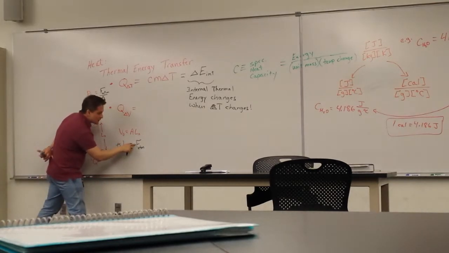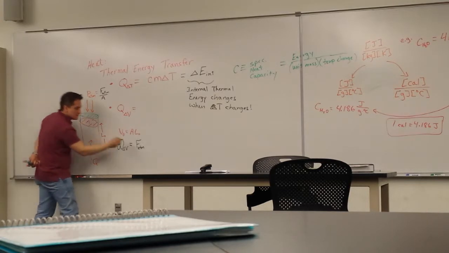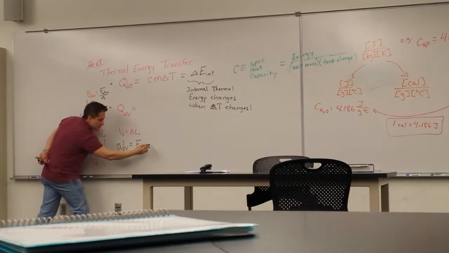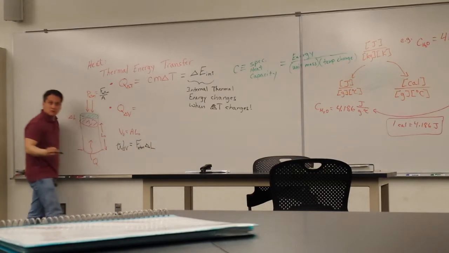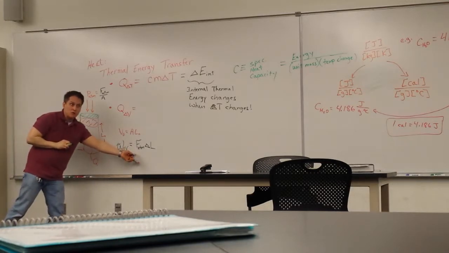So what we're left with, though, is we can think of force, which is pressure times area. We can think of this as times delta L. It's pushing upward if we ignore the side directions. It's pushing upward a distance, delta L, against a constant atmospheric force.